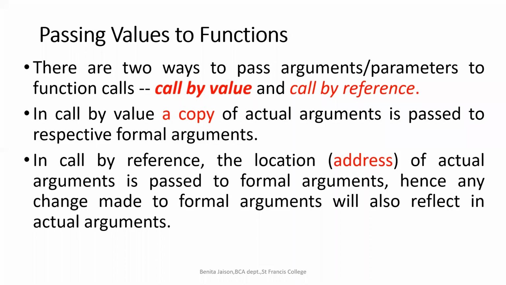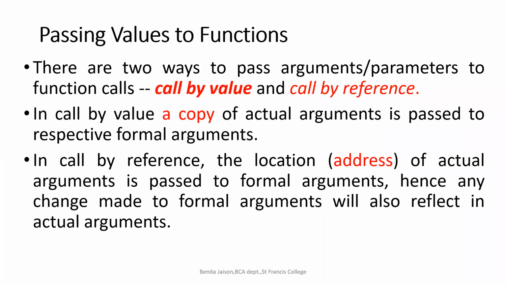We studied 2 types of arguments, actual argument and formal argument. Now I am telling you we can pass arguments in 2 ways. In a function call, we will be passing arguments, right? The first way is known as call by value. The second one is known as call by reference.